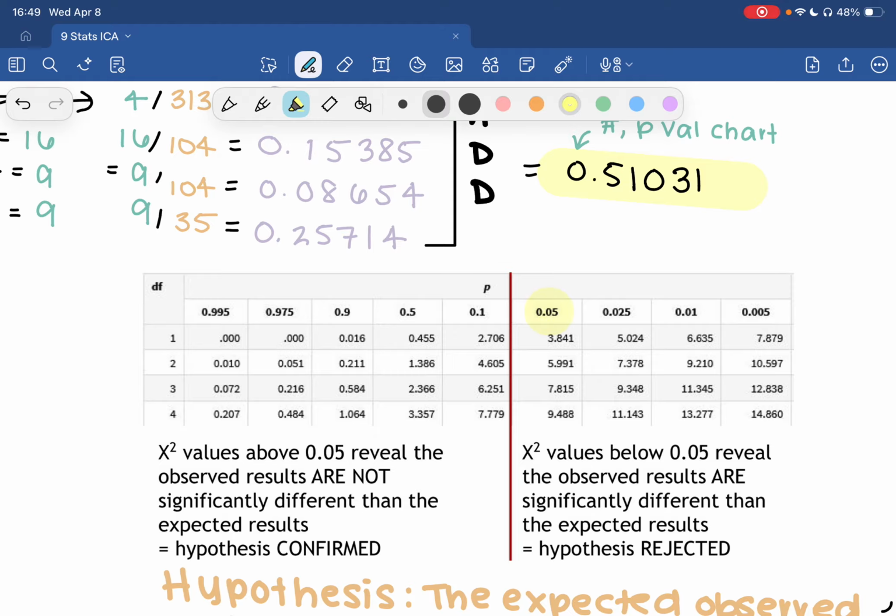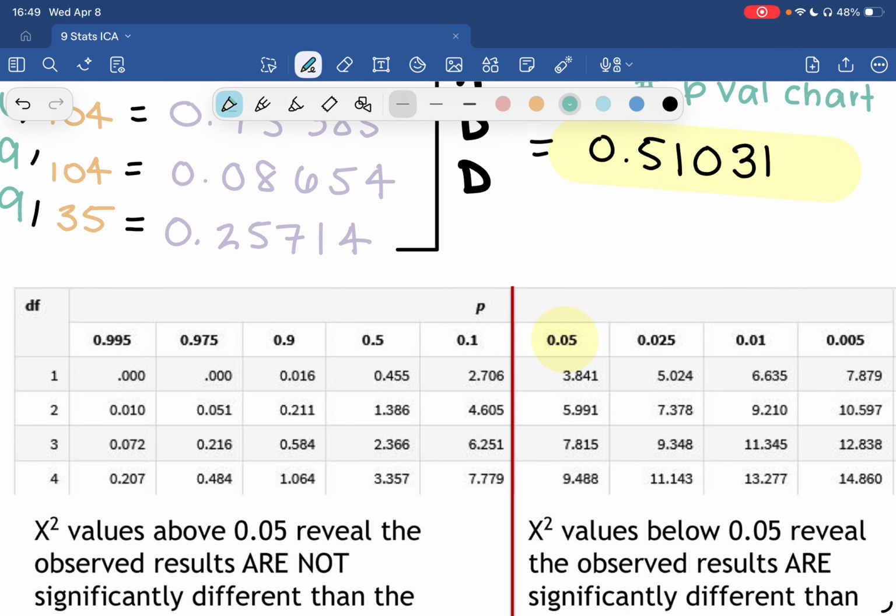We have 5%, and then everything lower than 5%, and then everything to the left of it is greater than 5%. The one thing that you need to know about this 0.05 mark right here is that anything to the right of it, you are going to reject. Anything to the left of it, you're going to accept.